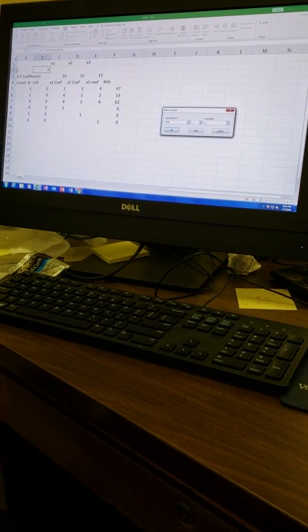Add this one. Remember, these 3 constraints are greater than or equal to, so you have to change the inequality sign. This one, and this one, add. How do you know when to change the sign? Depending on the constraint.